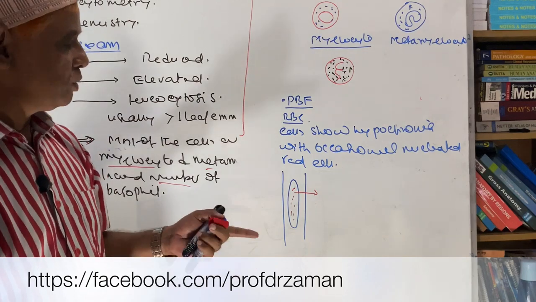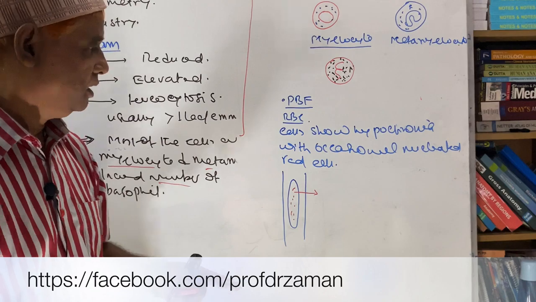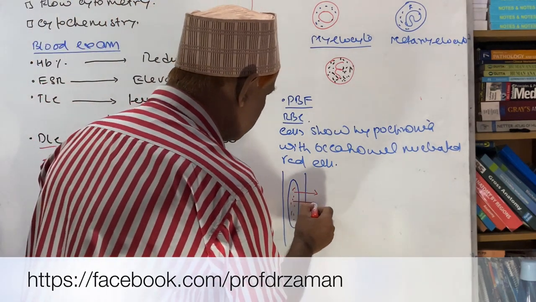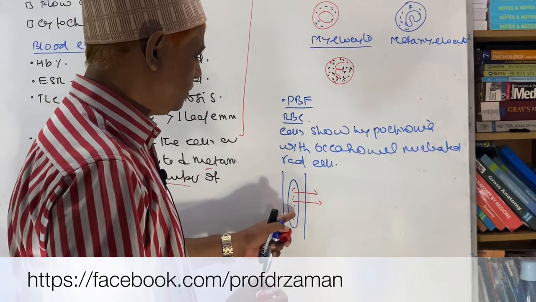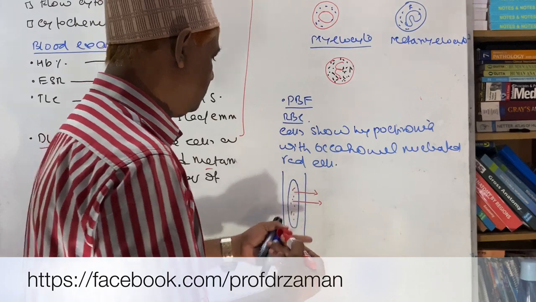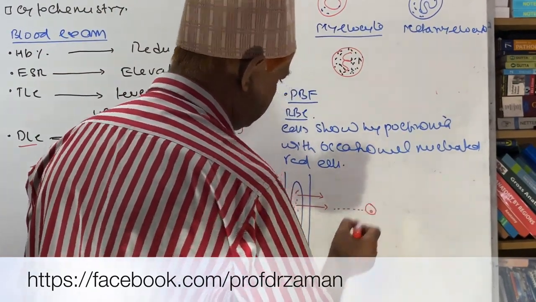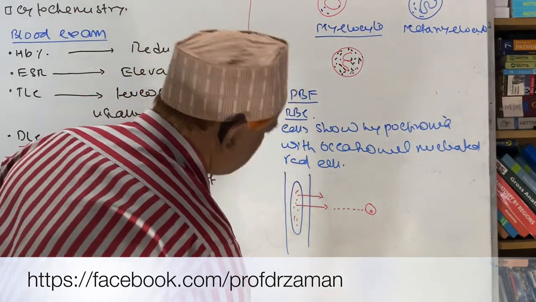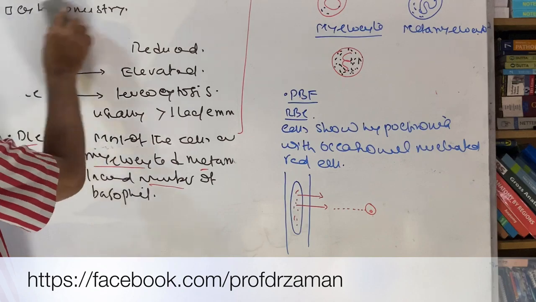Due to this rapid production of RBC within the marrow, some nucleated cells produced in the bone marrow come along with the mature RBC into the blood. So there are a few nucleated cells in the peripheral blood. It is due to rapid production of RBC in the marrow in leukemia.